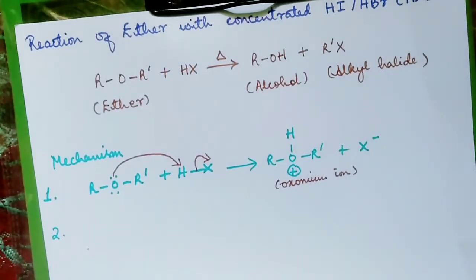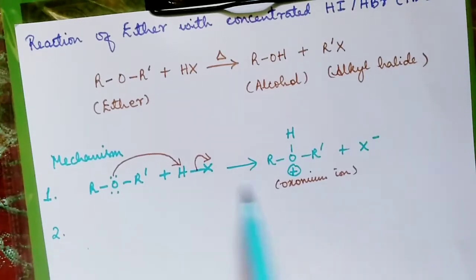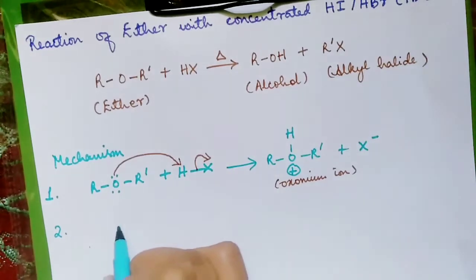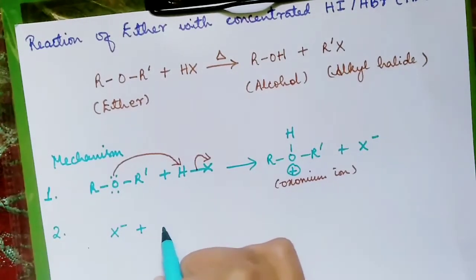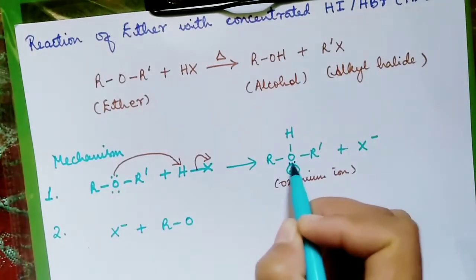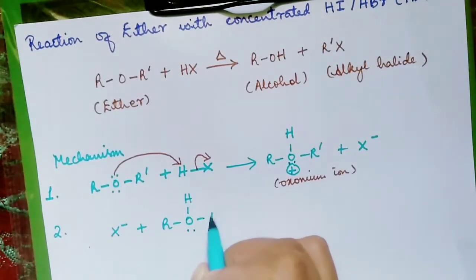Okay, so in the next step we have the cleavage of the oxonium ion by SN2 mechanism or SN1 mechanism. Now if our alkyl halide is primary, then SN2 mechanism is followed. X minus, R, O, here we have lone pair of electrons, H, R prime.